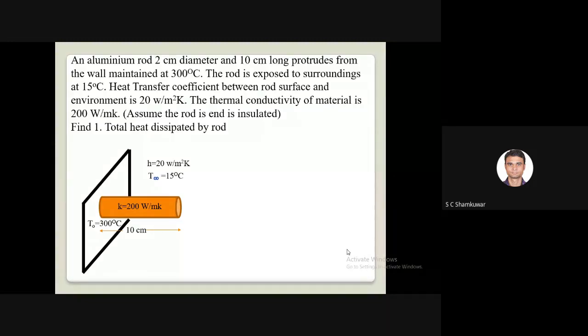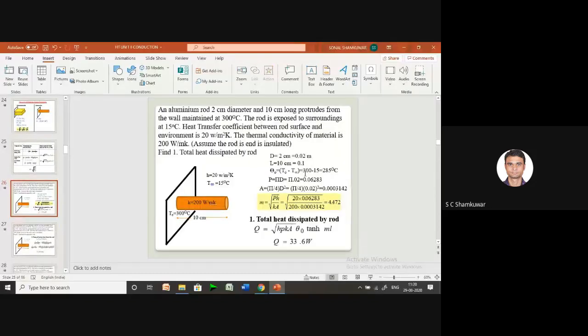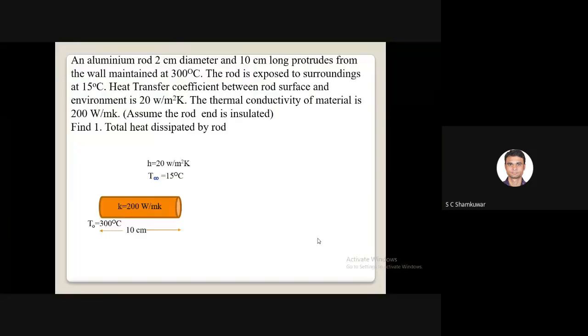The rod is exposed to surroundings at 1500 degrees Celsius. The heat transfer coefficient between the rod surface and the environment is 20 watt per meter Kelvin. The thermal conductivity of the material is 200 watt per meter Kelvin. Assume the rod end is insulated. Find the total heat dissipated by the rod.